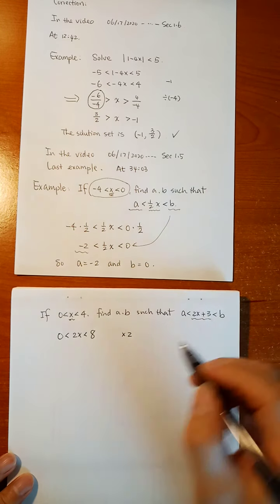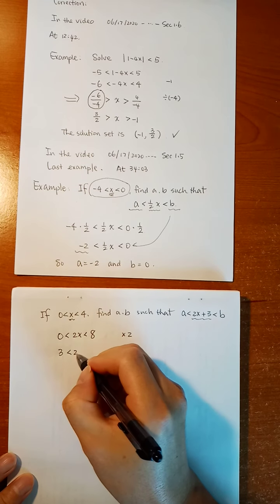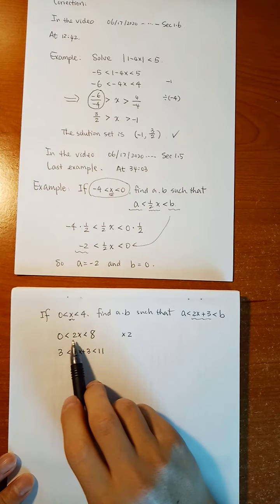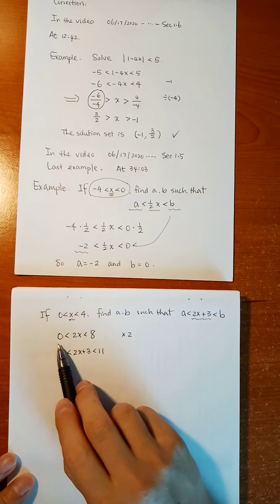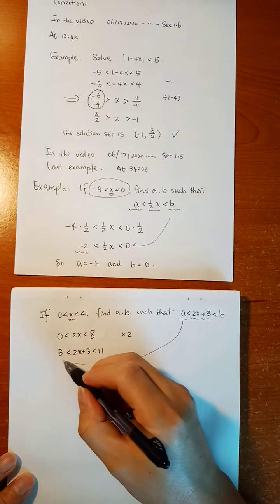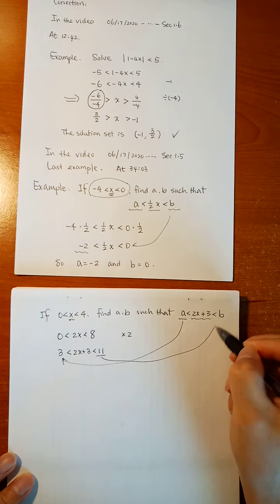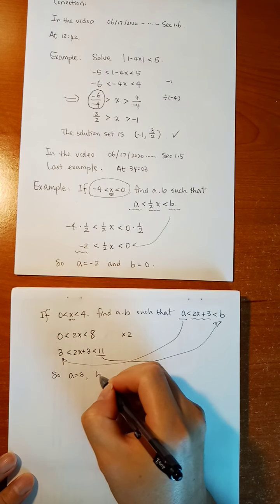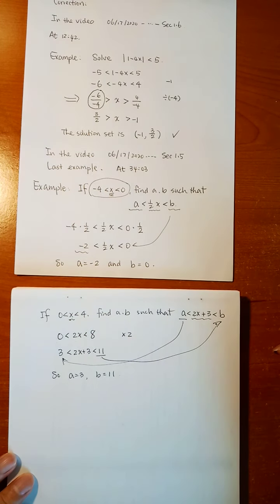So we add 3 to all 3 parts, left, middle, right. Okay? Then you check a is 3. b is 11. So a is equal to 3 and b is equal to 11.